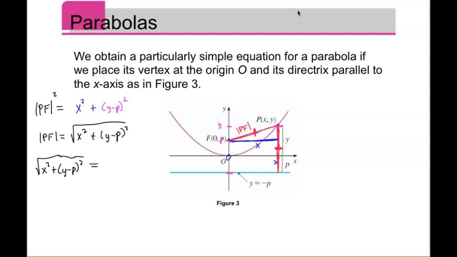This y value is negative p. So what's this total distance? Yeah, y minus negative p, which is just y plus p, right? All right, so that square root has to just equal y plus p.